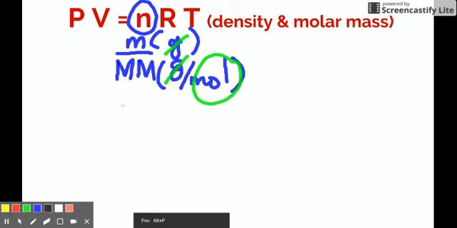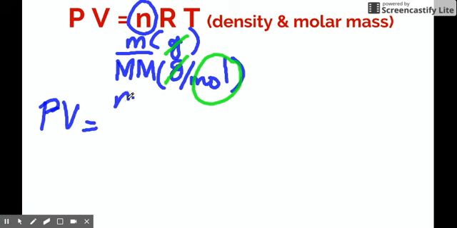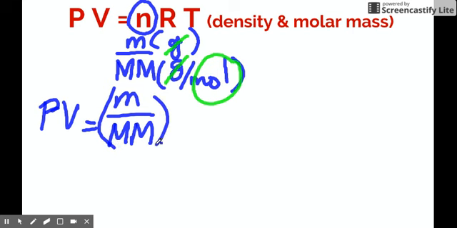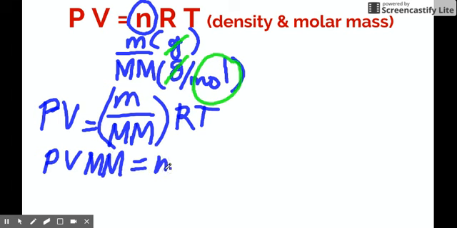So when we substitute this into the equation, it's going to be P times V = m over molar mass, which we enclose because that's for n, times R times T. When we manipulate this equation further, we put the molar mass on the other side, because it's in the denominator; you cross multiply, so this becomes PV times molar mass = mRT.